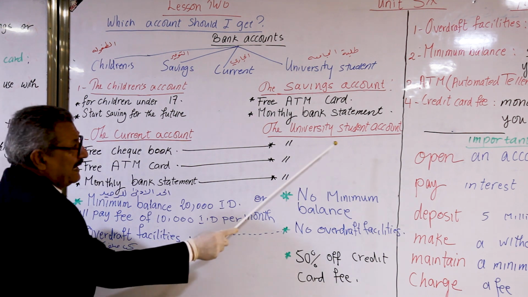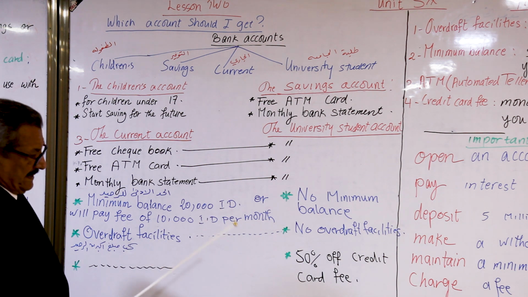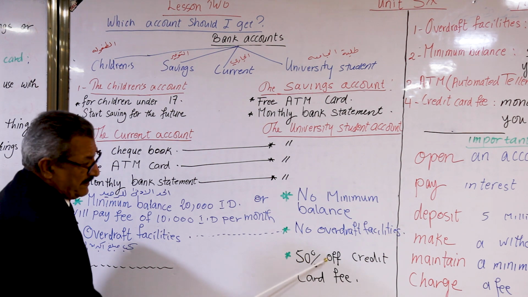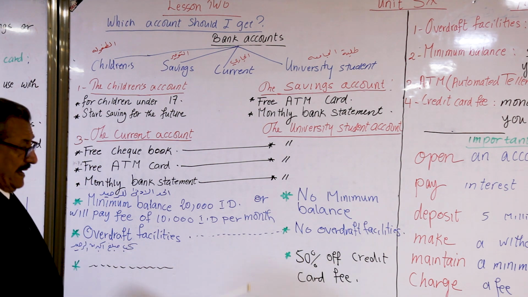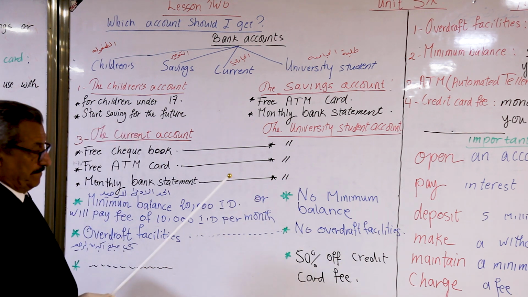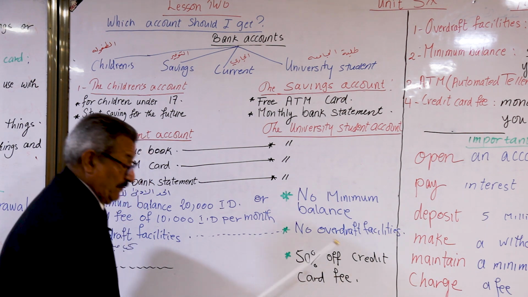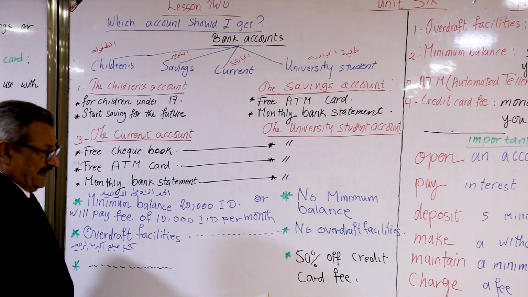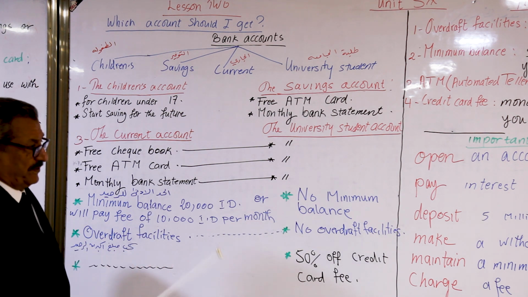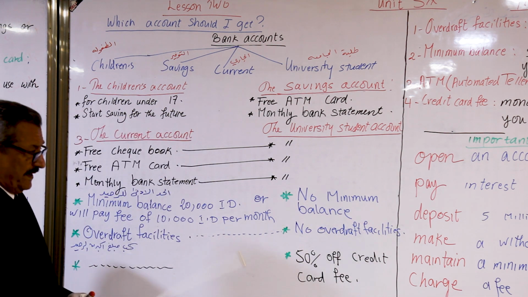In the university student account, في حساب طلبة الجامعة, we have 50% off credit card fee. أي تخفيضات, discount for the student, 50% from the credit card fee. You know that when you have taken a credit card, the bank will charge a fee.